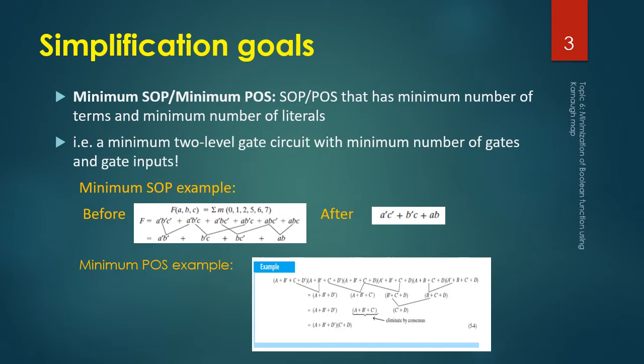And also we know that both SOP and POS are two-level gate circuits. So in simplification, we basically want to get a minimum two-level gate circuit with the minimum number of gates and gate inputs. That's our goal. For example, say we have a Boolean function written in the minterm list format.